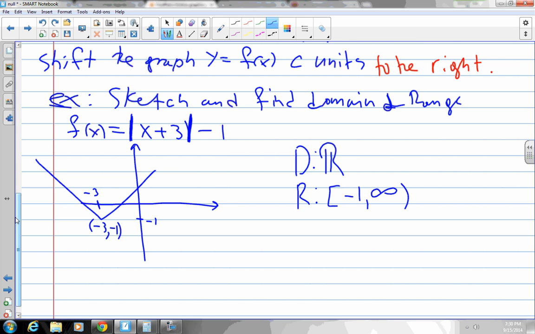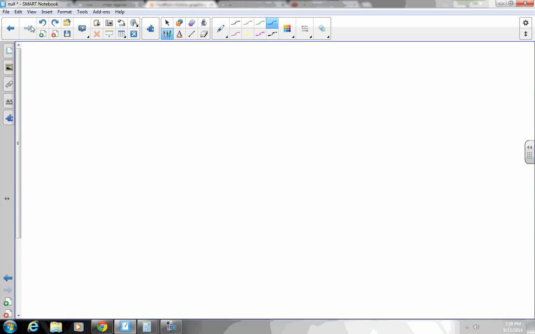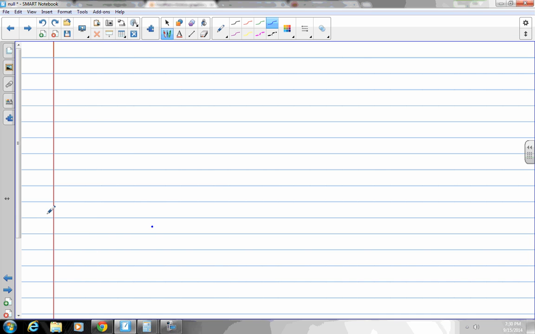So these are our first 4 transformations. Now the other 2 don't really go the opposite direction of what makes sense. They're going to just make sense, I think. So the other 2 are reflections.